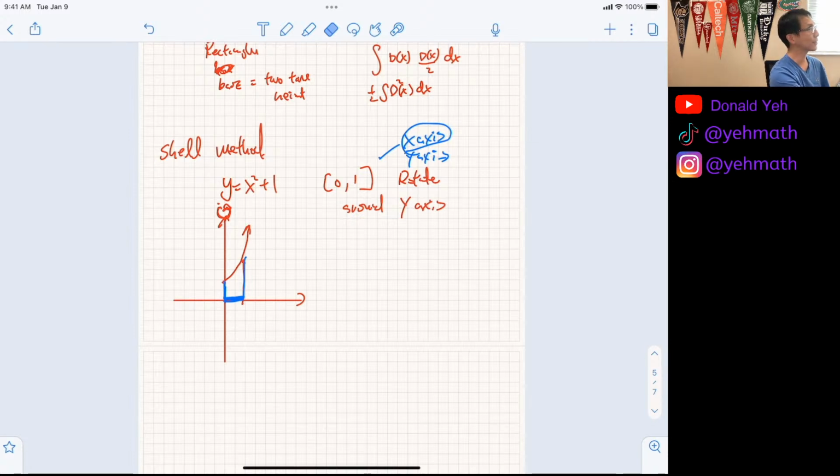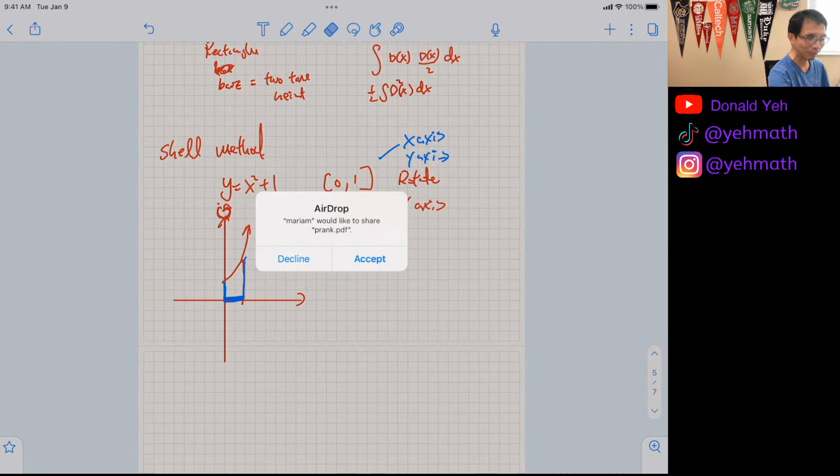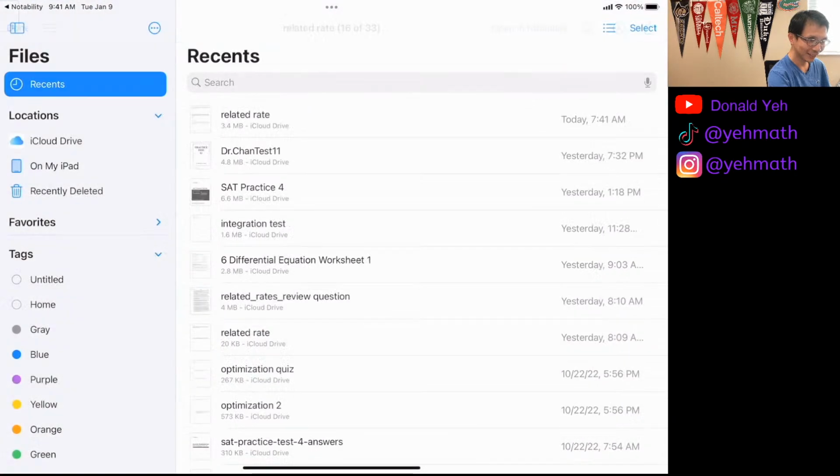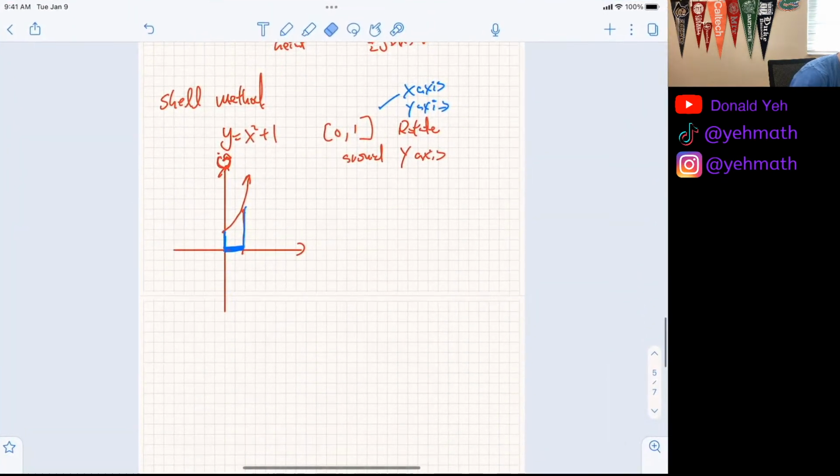Rotating around the y-axis. Just this graph. All right, so I'll give you some guidance.